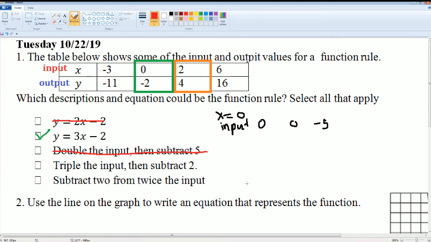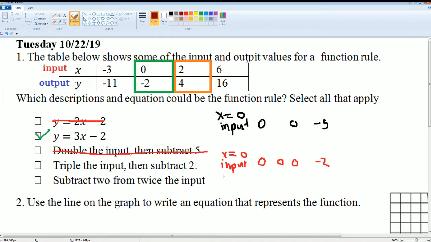Triple the input, then subtract 2. Let's see if it works. So x is equal to 0. The input is 0. I triple it, so 0 times 3 is 0, then subtract 2. Does it work? Good. Let's check another number to make sure it works.